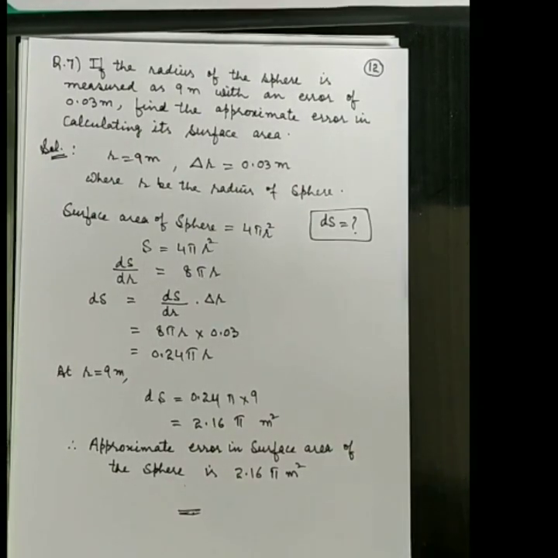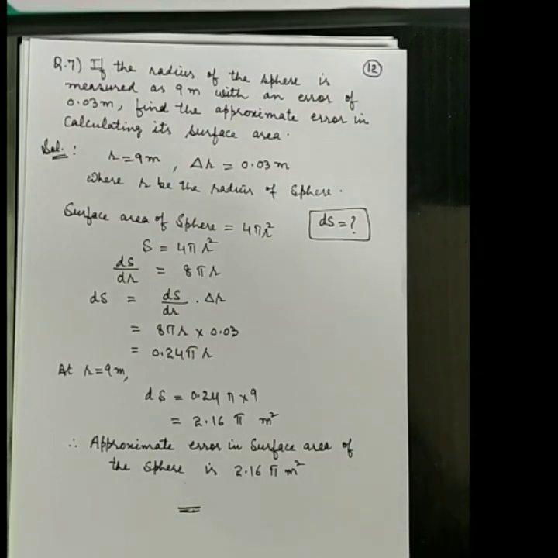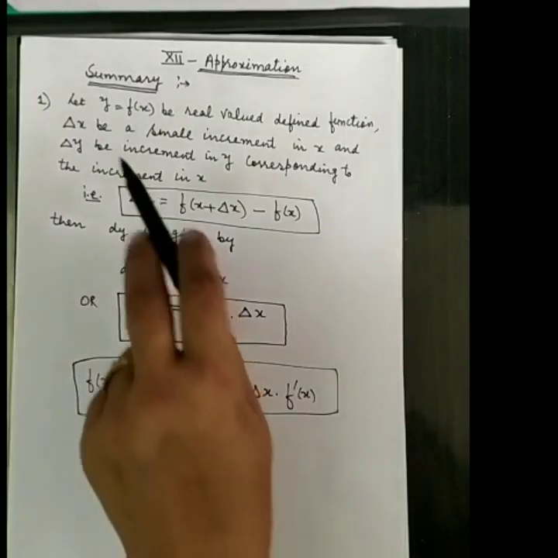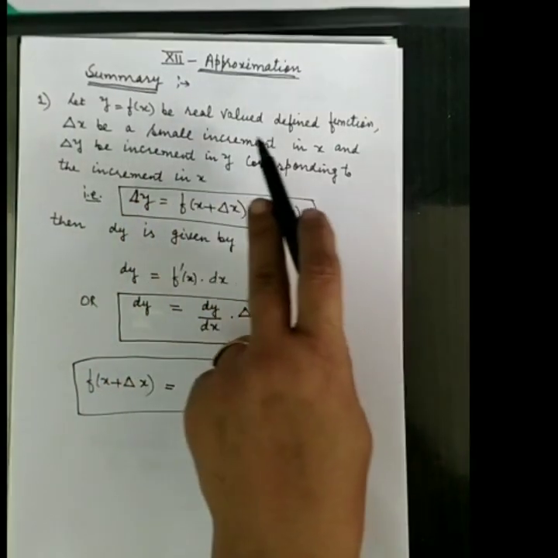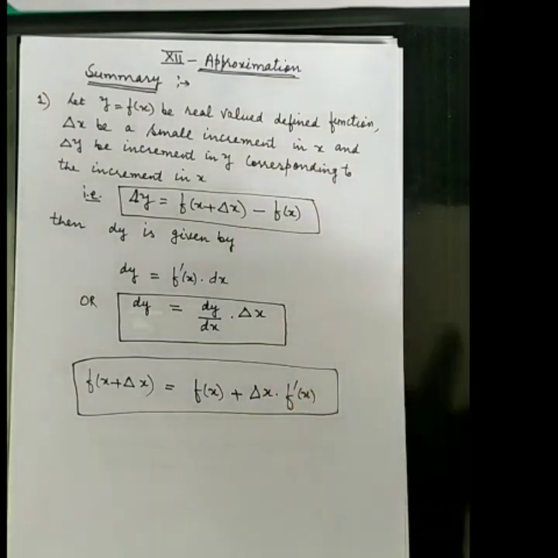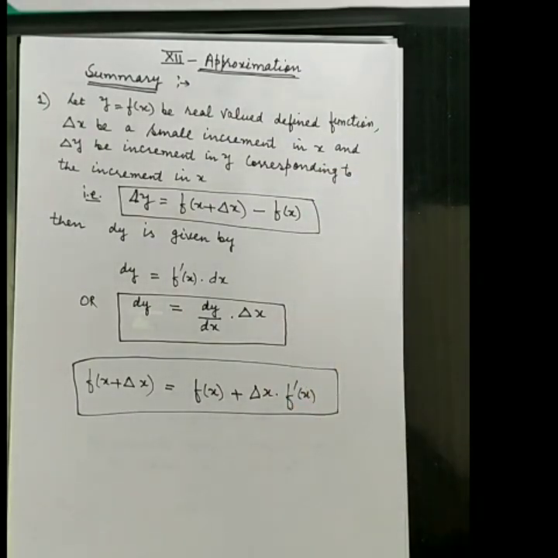Now the exercise 6.4 is over. So dear children, let us summarize what we have studied today. Let y is equal to f(x) be a real valued function and delta x be the small increment in x and delta y be the increment in y corresponding to the increment in x.